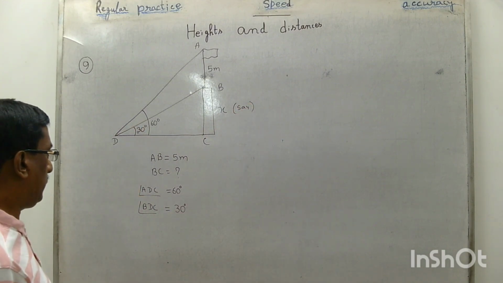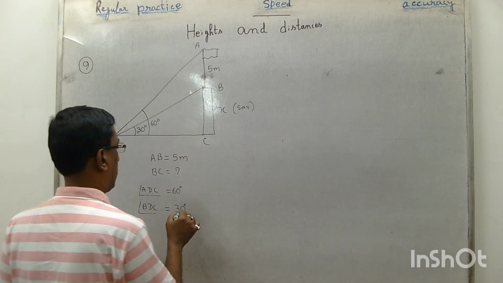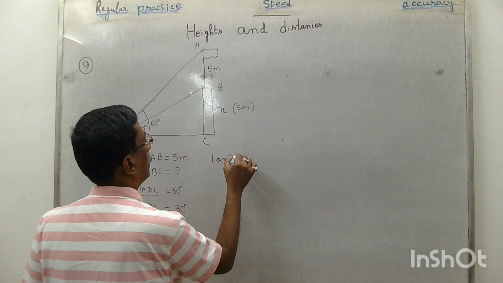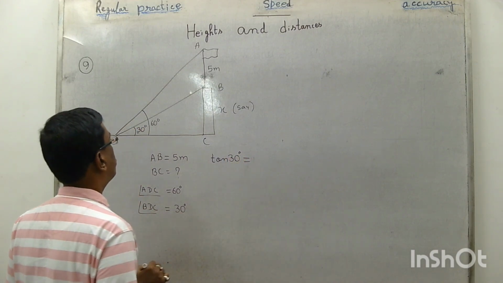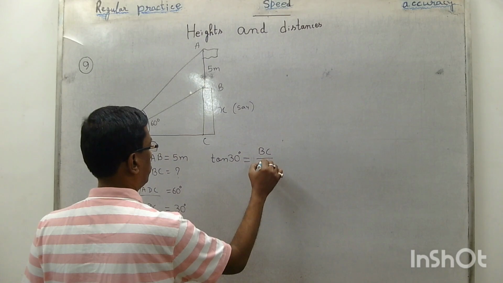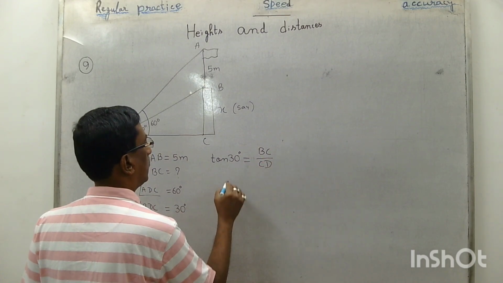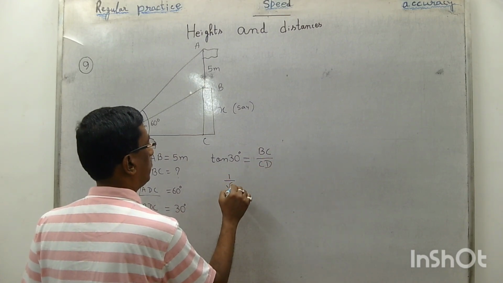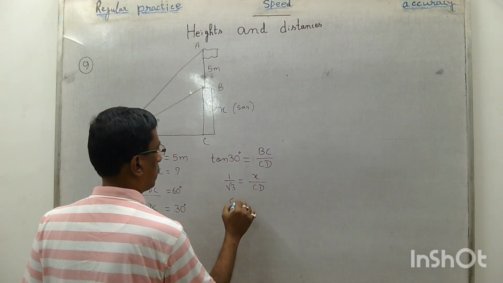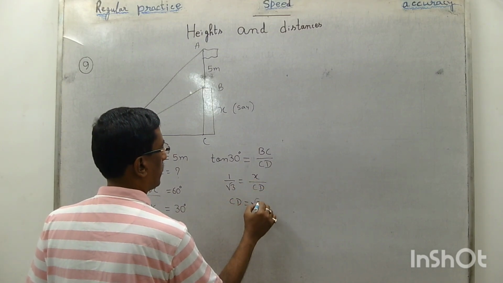So tan 30. Tan 30 क्या होगा? BC by CD. It is 1 by root 3, x by CD. So CD equals root 3x.